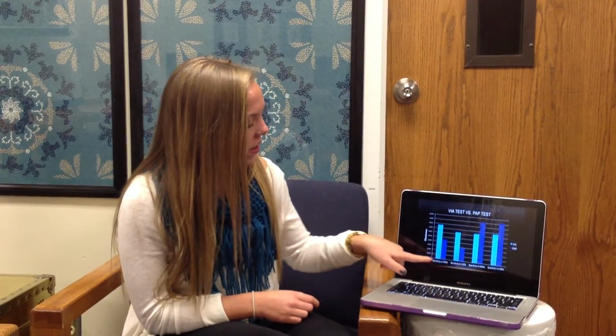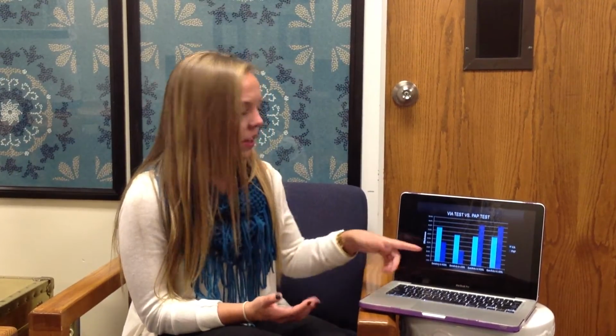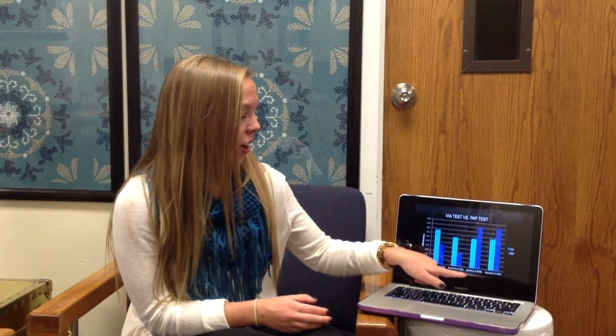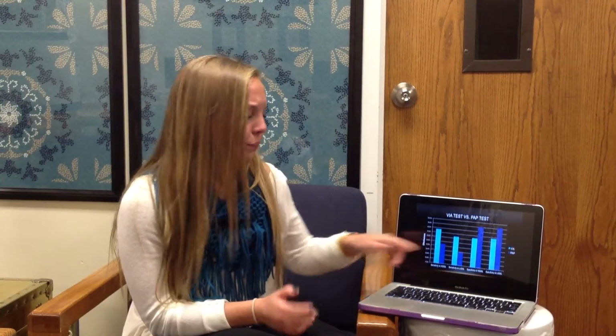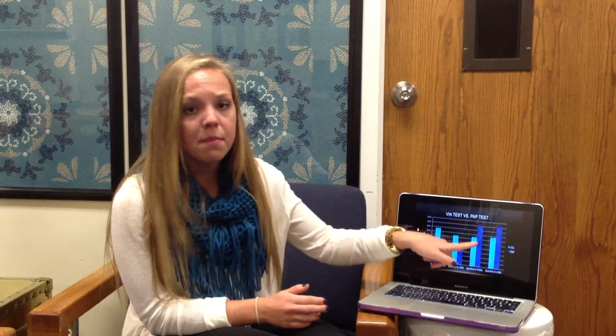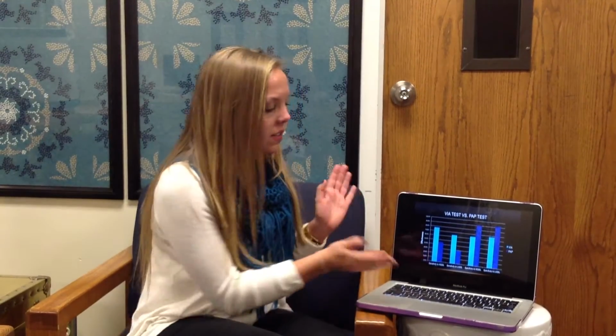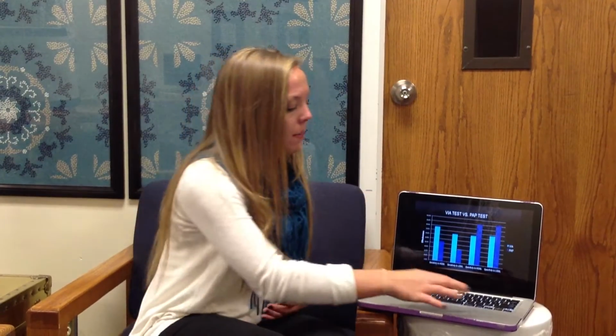Both of these are sensitivity to HGSIL, which is high-grade squamous intraepithelial lesions, and then low-grade. Same with specificity to high-grade and low-grade over here. But Pap scores much higher in the specificity. So that just means that you can see the specific details of those abnormal cells. And like we talked about earlier, this data just backs up what we've been talking about.